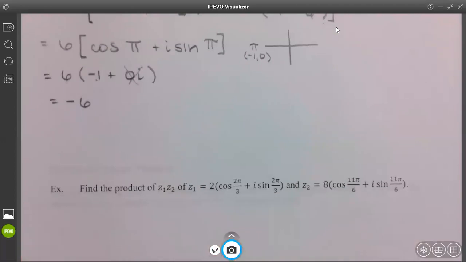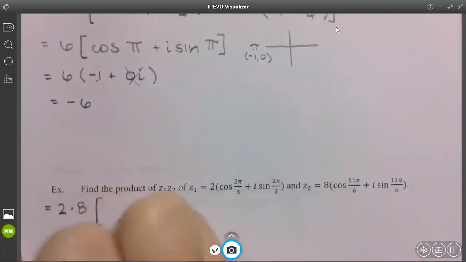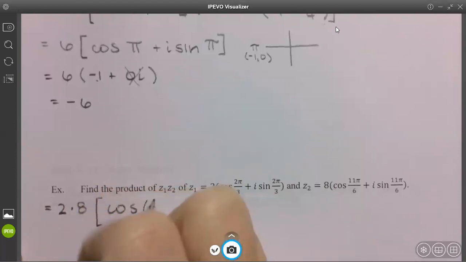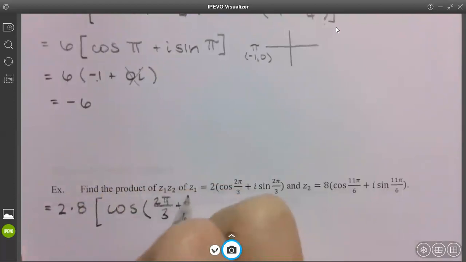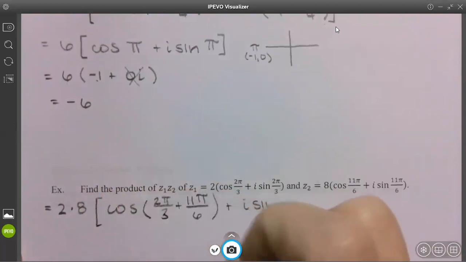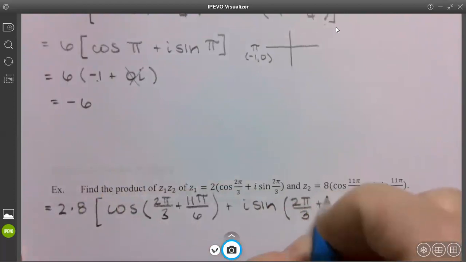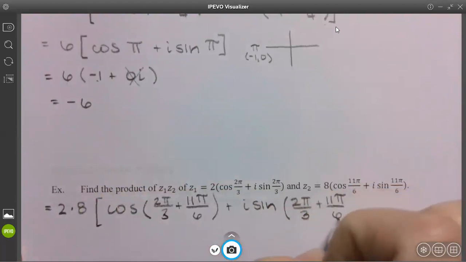Find the product of Z1, Z2. So you're going to do your two outsides of your R, 2 times 8. You're going to do cosine theta 1, 2 pi over 3, plus theta 2, which is 11 pi over 6, plus I sine, same thing, 2 pi over 3, plus 11 pi over 6.